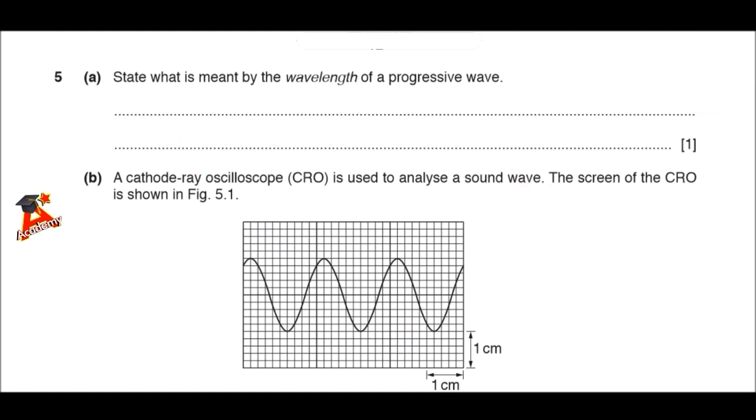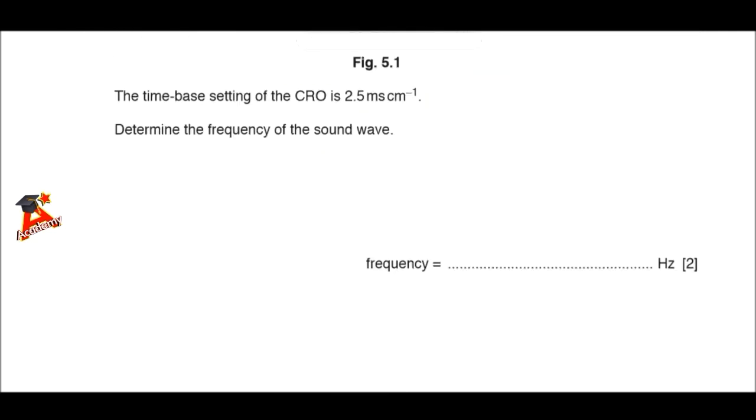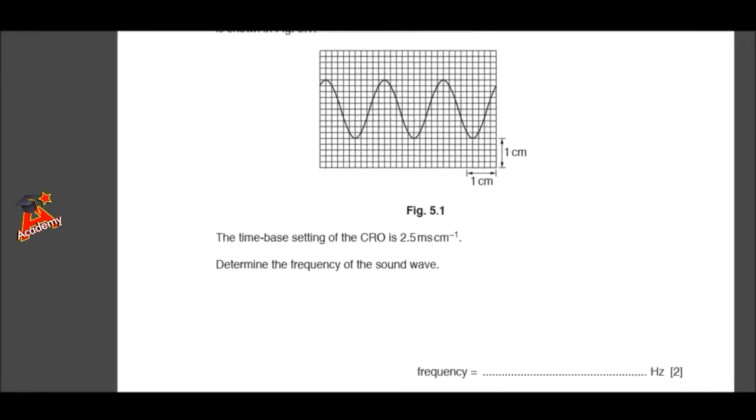The next part of the question says a cathode ray oscilloscope is used to analyze the sound wave. The screen of the CRO is shown. We are given the time-based setting and we are asked to find the frequency. How do we find the frequency?